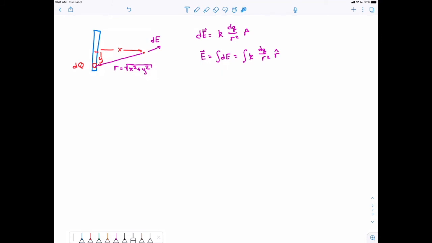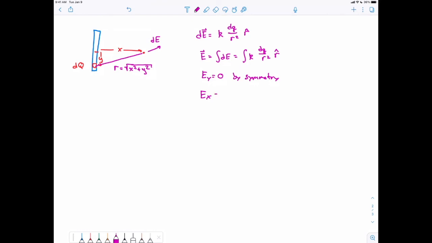No, because of the symmetry, right? For every little chunk in the bottom that's pointing up and to the right, there's a chunk in the top that's pointing down and to the right. So by symmetry, I expect the y component to be 0. So I only need to calculate the x component.